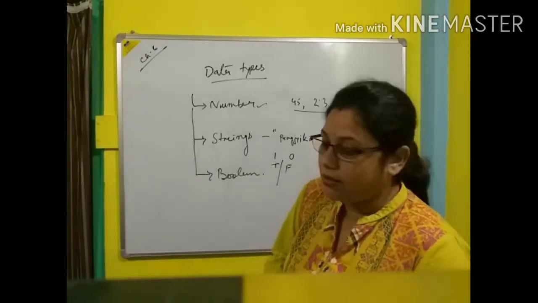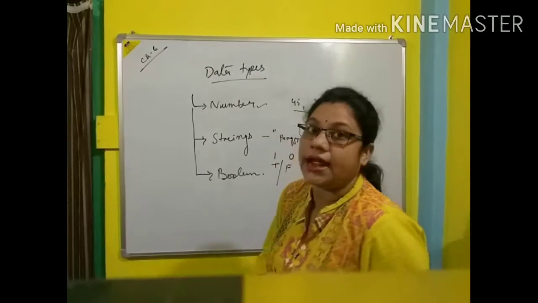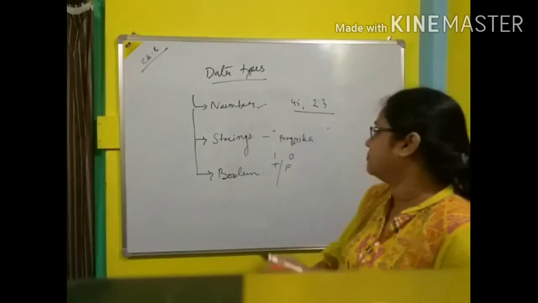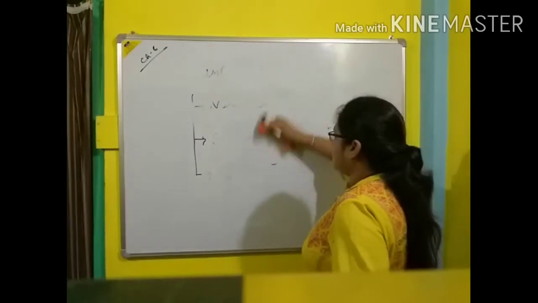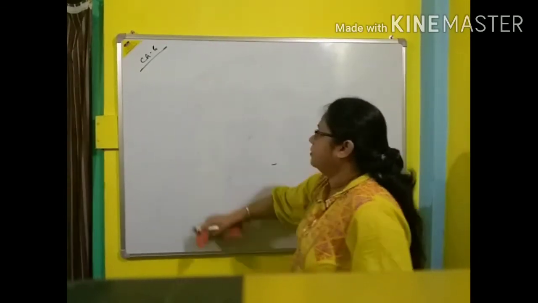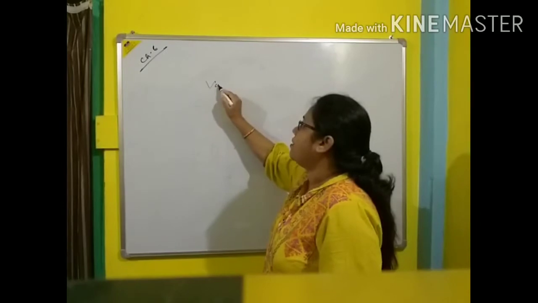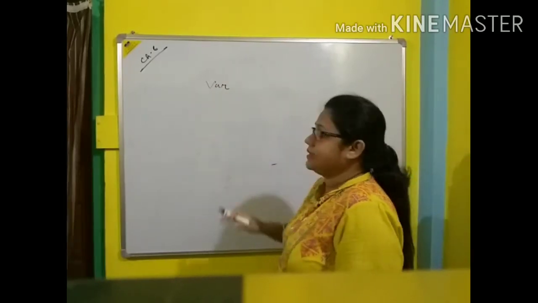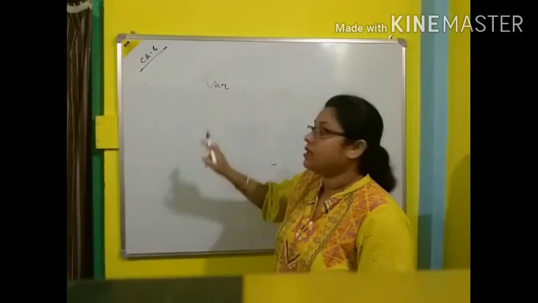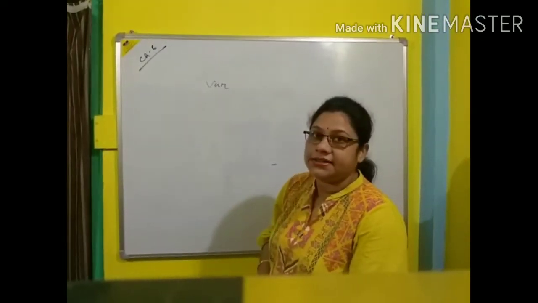Now let us discuss how to declare a variable in your JavaScript coding part. Generally, the var word, which is a short form of variable, is used. Var is a keyword.